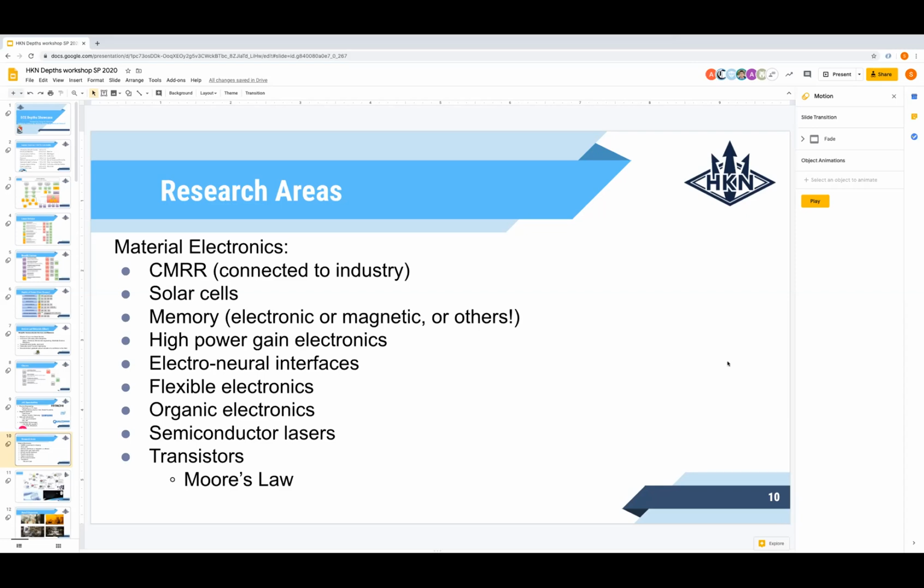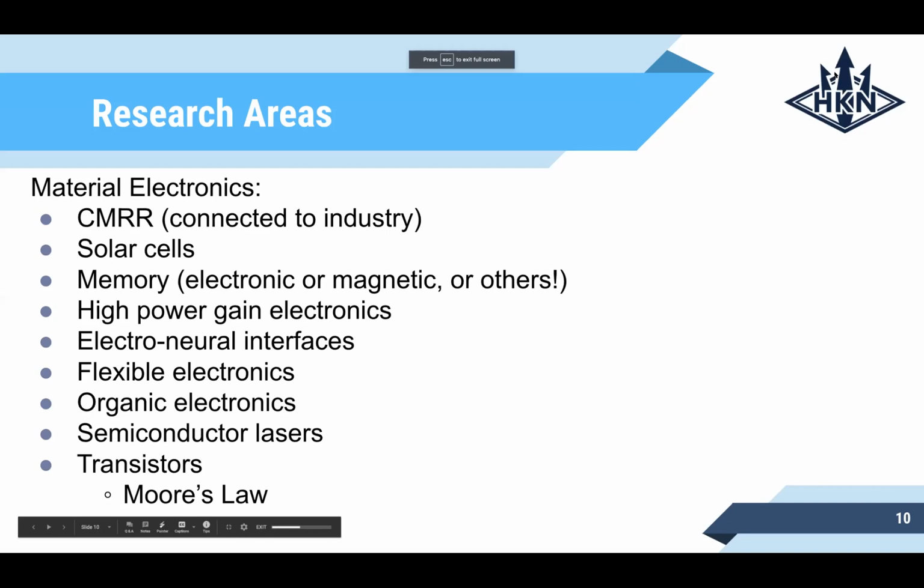You also have the opportunity to work in the field of memory. You get to work in high power gain electronics. You also get to work with some interesting novel fields in bioelectronics, or electronics that interface with the human body. You have electron-neural interfaces. For example, you also have flexible and organic electronics.